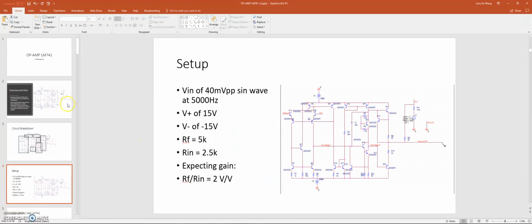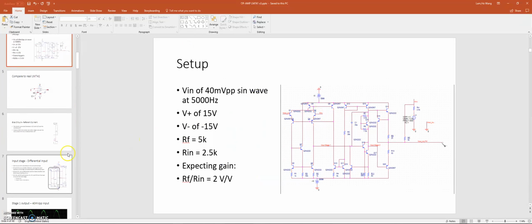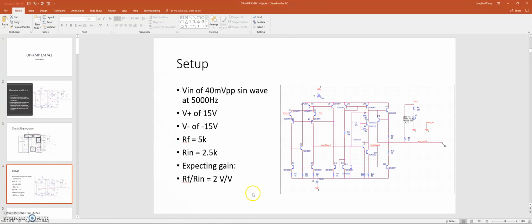For the explanation, I'm going to use this setup. I'm going to have an input waveform of a 40 microvolt peak-to-peak sine wave at 5,000 hertz, so we're sure we're not falling in a cutoff region. And then we are going to supply 15 volts plus and 15 volts minus.